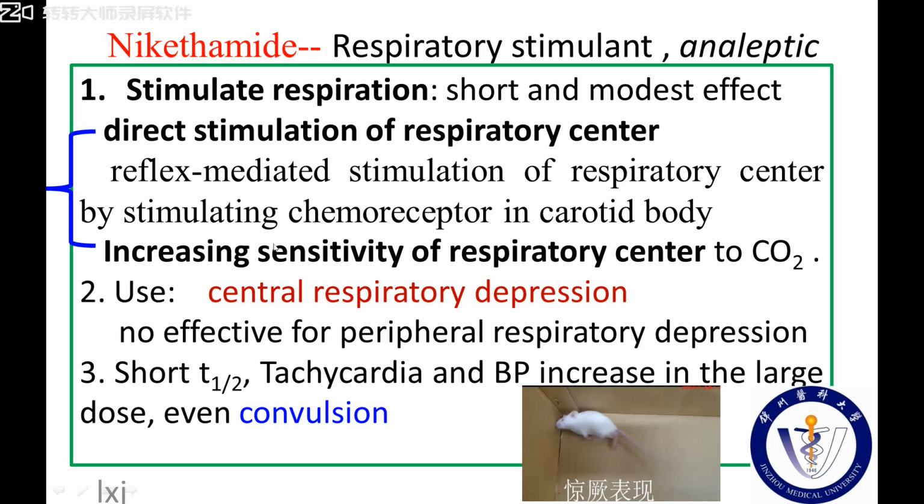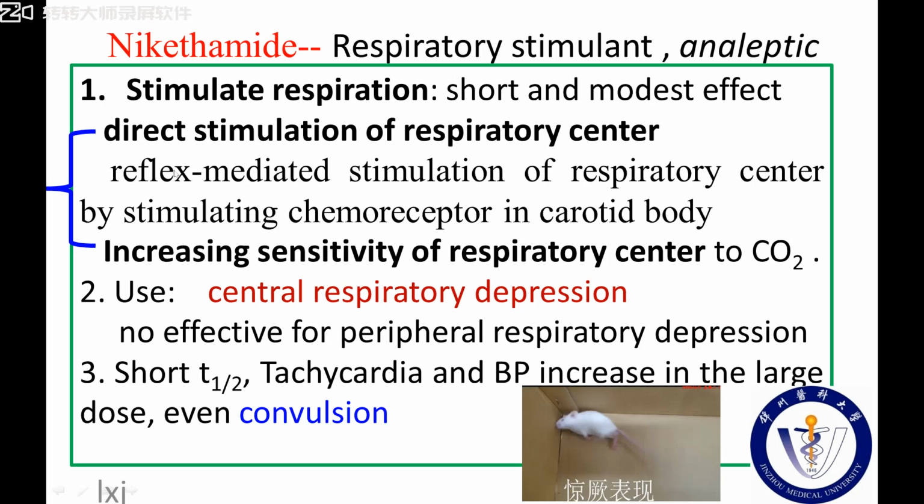So during this experiment, you should observe the behaviors and activities of the mice, especially convulsion. Because we administered nicotinamide at a relatively large dose to the mice and observe this effect caused by nicotinamide.